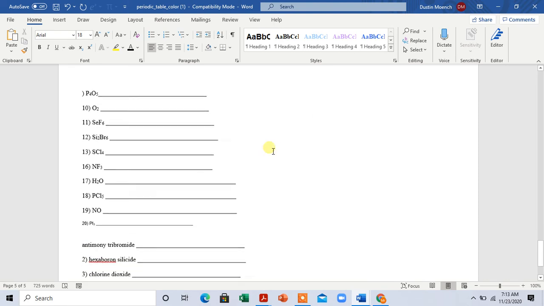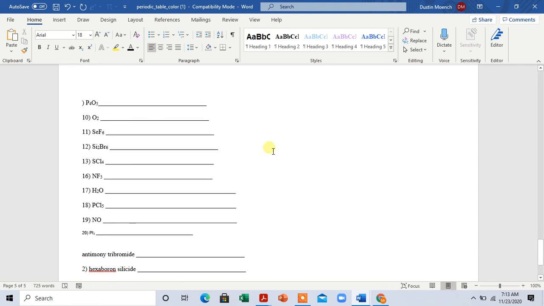So here's some other examples. Okay, we did this one, right? This was disilicon hexabromide. Like for number 13, when there's no number next to it, we only have one.